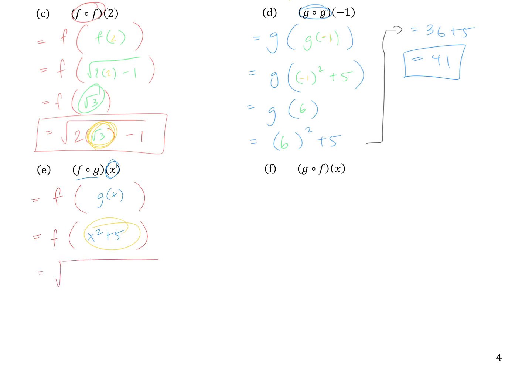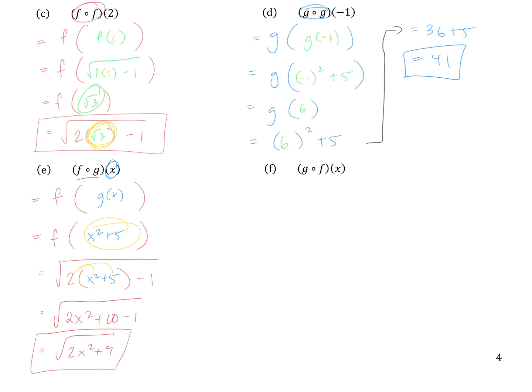So that's going to be the square root of 2 times my new input, which again was x squared plus 5, minus 1. And then I can distribute that 2. So I'll get the square root of 2x squared plus 10 minus 1, which simplifies to the square root of 2x squared plus 9. However, I can't really simplify that further, so I'm going to stop there.